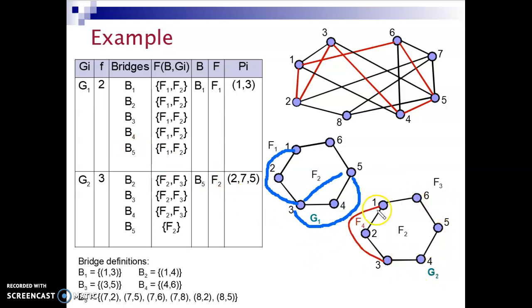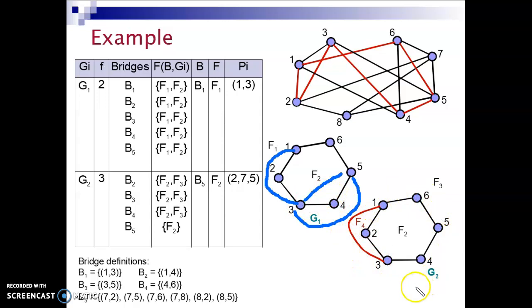As you can see, by adding the edge between 1 and 3, we created a second graph, which we call G2. Now, this is no longer a single cycle, but it's actually another subgraph of the upper graph here that we created by adding one of the bridges to G1.